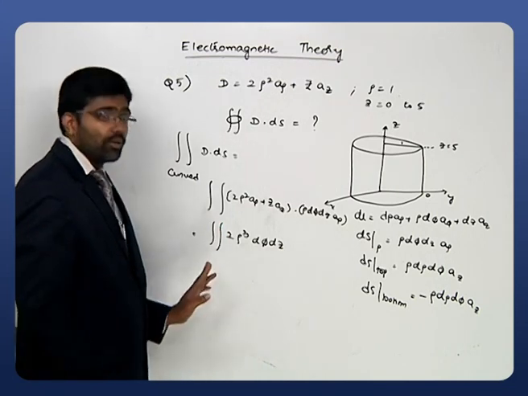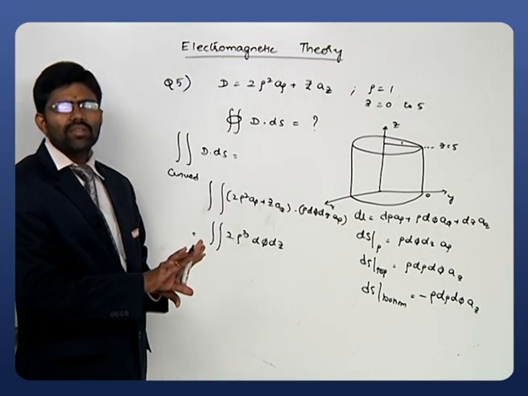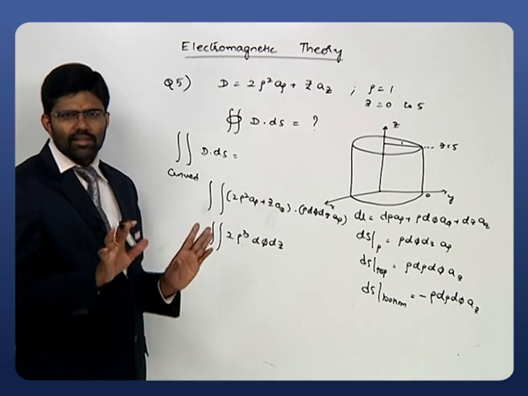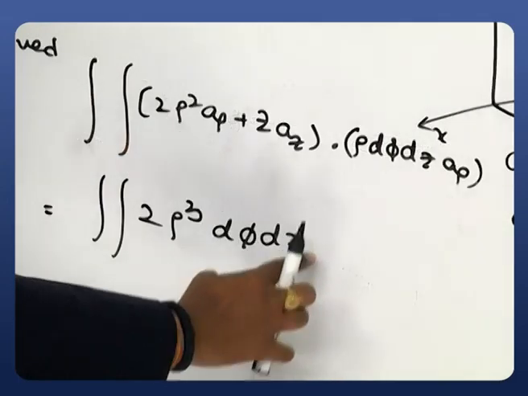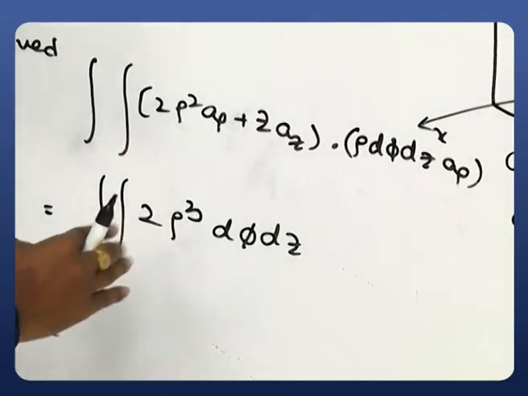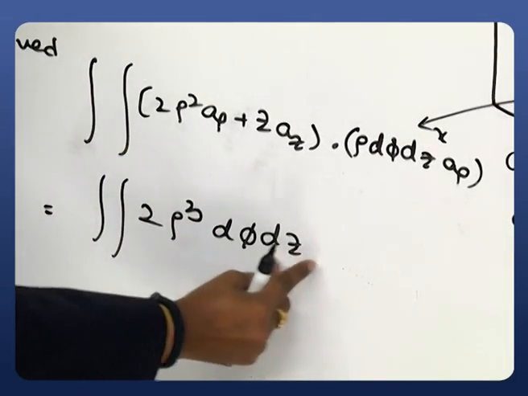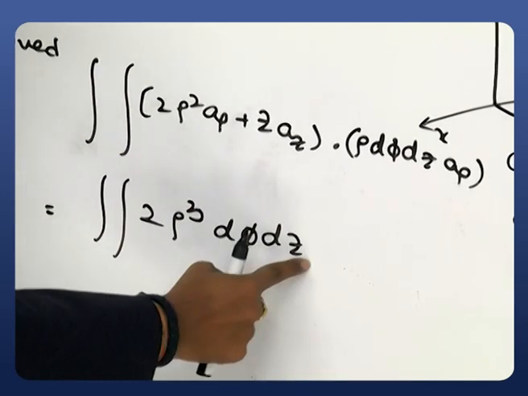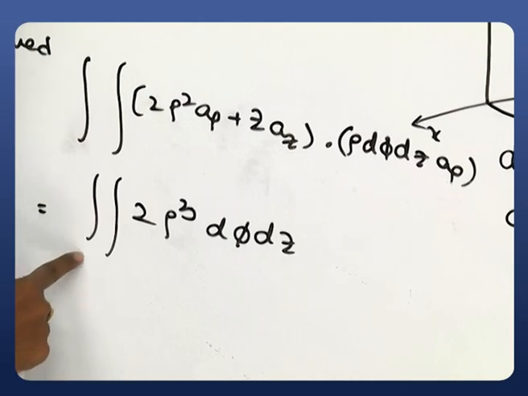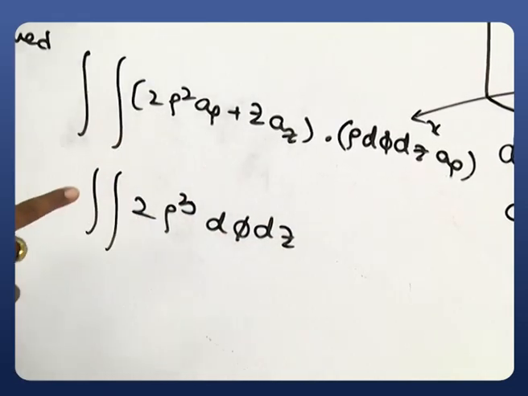Now, don't go for any other calculations or analysis, just observe the differential quantities here. If we want to simplify this one, we need to integrate it. To integrate, some differential quantity must be there. Here the differential quantities are phi and z, so we need to substitute the limits for phi and z.